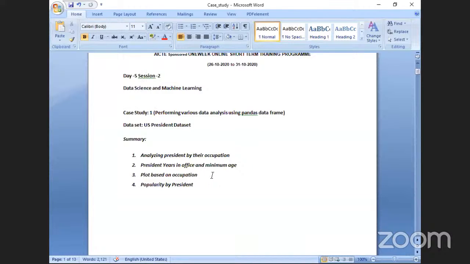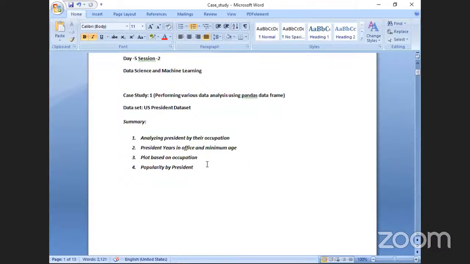It is a mutable data structure. So here we are going to perform four kinds of analysis. The data set we are going to use for this discussion is the US President data set. Four types of data analysis we are going to do. One is analyzing the presidents based on their occupation, their years in office, and the minimum age.